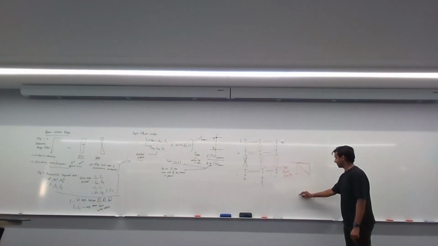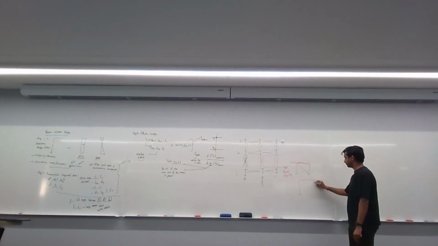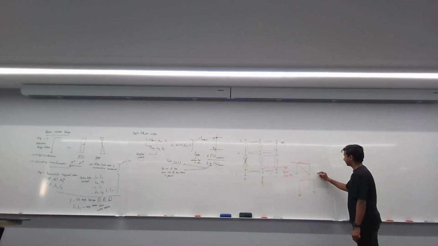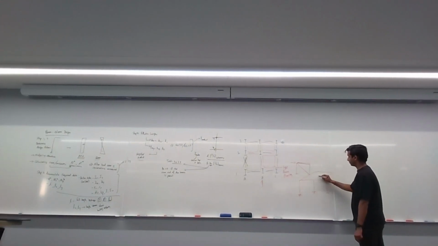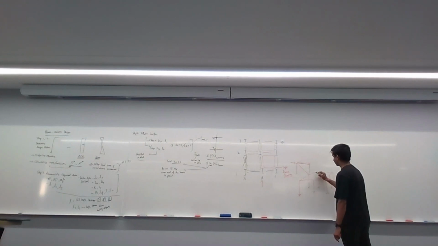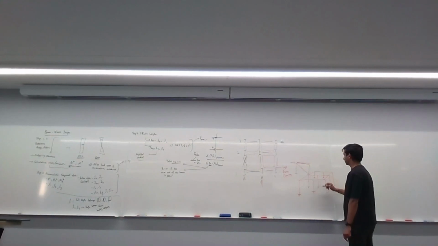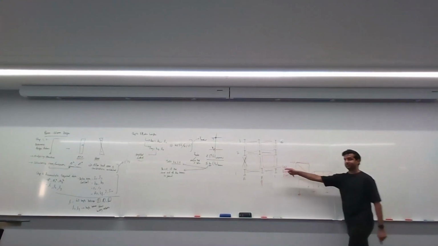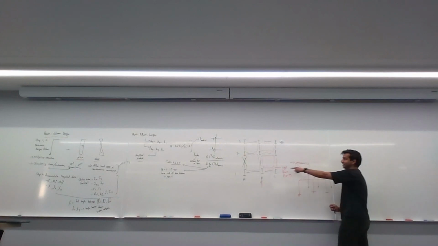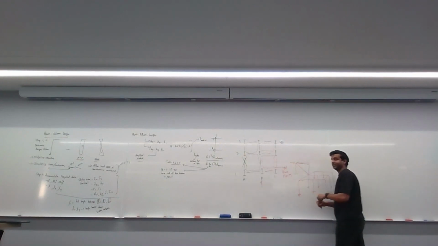What this looks like in 3D is, this is what I just drew here. What I've drawn is plan view, which means top down. So these are all the different columns. That's the top down view.